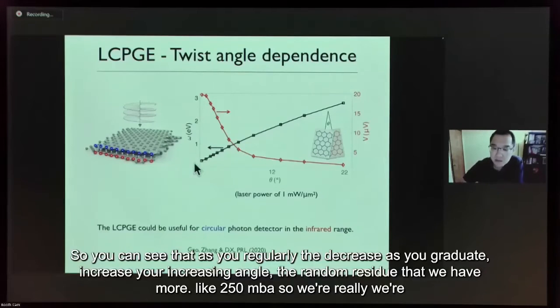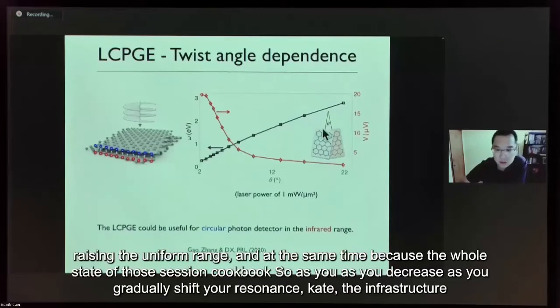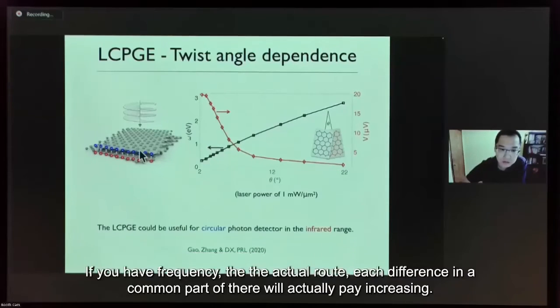At the same time, because the whole signal is proportional to 1 over omega squared, as you shift your resonance peak towards the infrared frequency, the actual voltage difference between the top and bottom layer keeps increasing. So this tells you that the LCBGE could be really useful for circular photon detection in the infrared range.